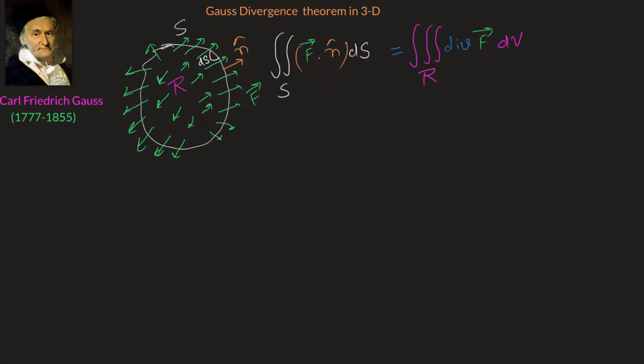So now we will try to interpret the meaning of this one. We know that the divergence of a vector field gives the net flux, and over R it means net flux through the region R. If we take a very infinitesimally small volume element dV in this region, this is giving the net change in the flux over this small volume element dV in region R, and when these small volume elements are added infinitesimally, this is giving the net change in the flux through the region R. So intuitively both are giving the same meaning.